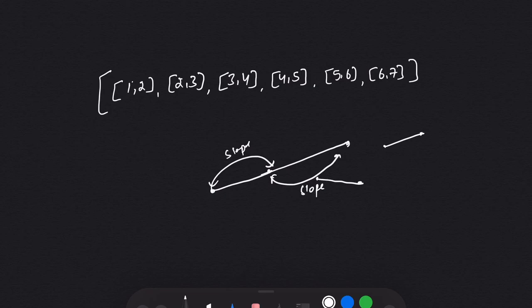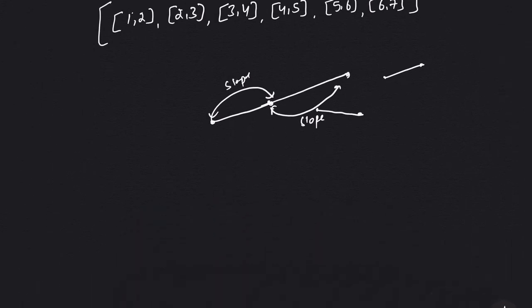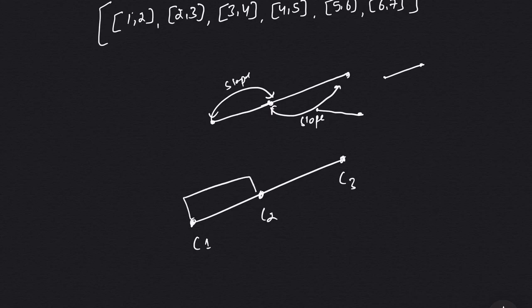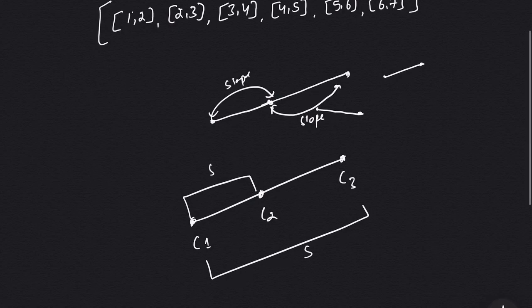If the slope is the same, that means all these 3 points lie in a straight line. Or you can say, suppose this is coordinate 1, coordinate 2, coordinate 3, the slope of these 2 and the slope of these 2. If that is the same, that means all these 3 points lie in a straight line.